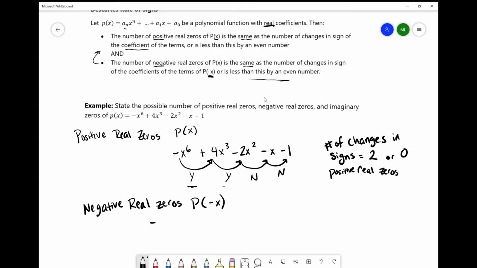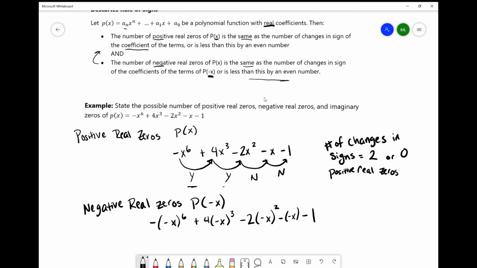So it's going to be negative times negative x to the power 6 plus 4 times negative x to the power 3 minus 2 times negative x squared minus x minus 1. Oh, and it's actually minus negative x. Let me fix that real quick.